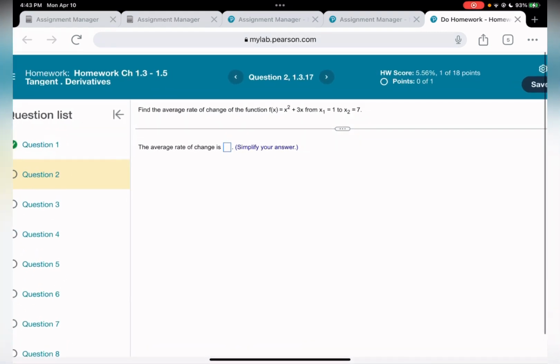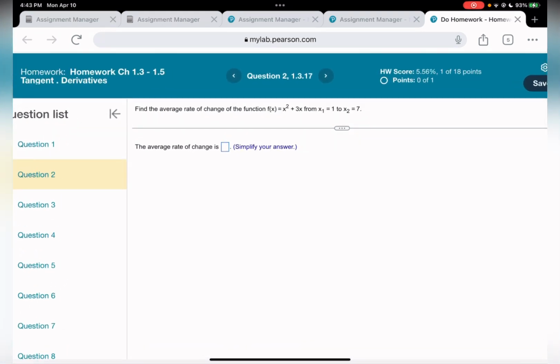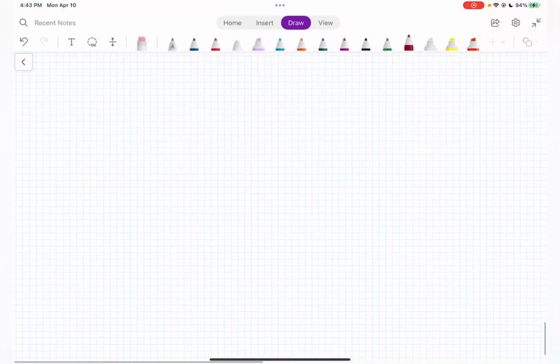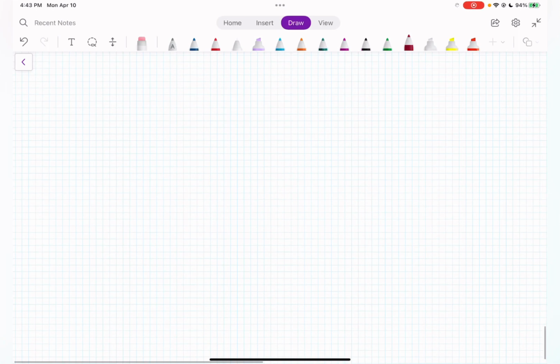So again, find the average rate of change. So what do we have here? Our problem is f of x equal to x squared plus 3x.